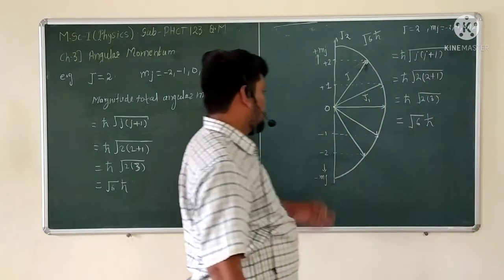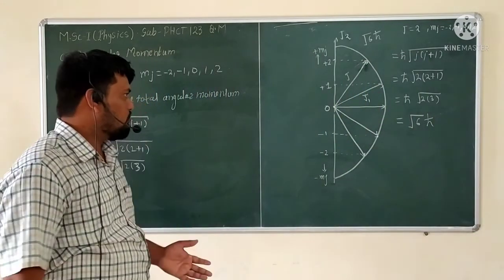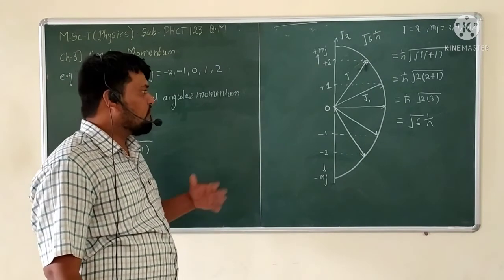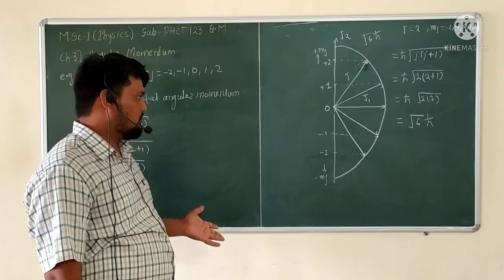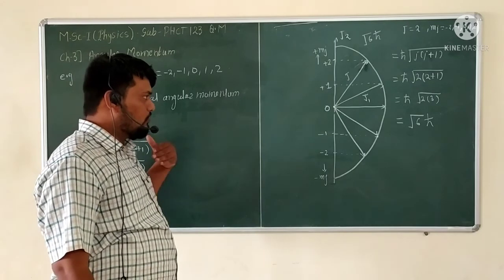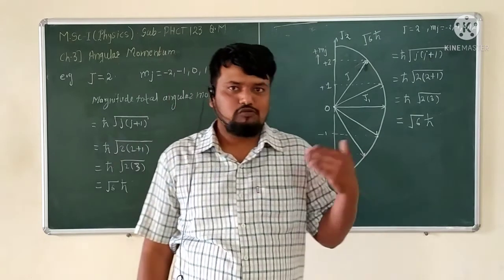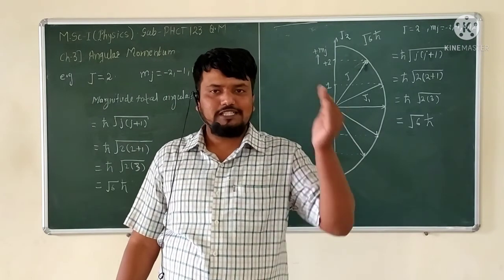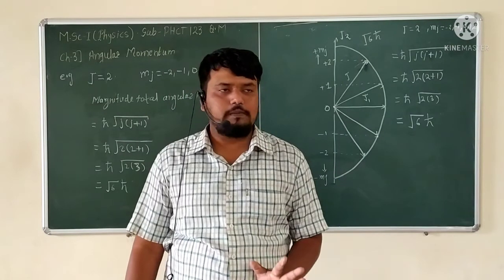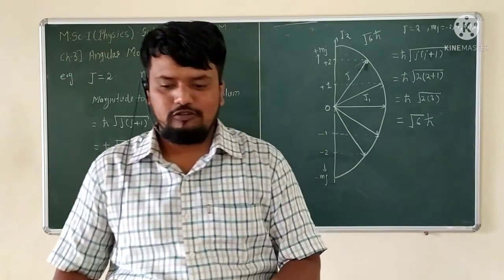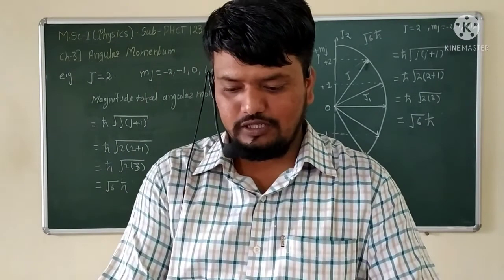So the magnitude value of this representation of total angular momentum is under root of 6 h cross. So in the last lecture, and in this lecture, we want to see the matrix representation of total angular momentum and the geometrical representation of the total angular momentum.